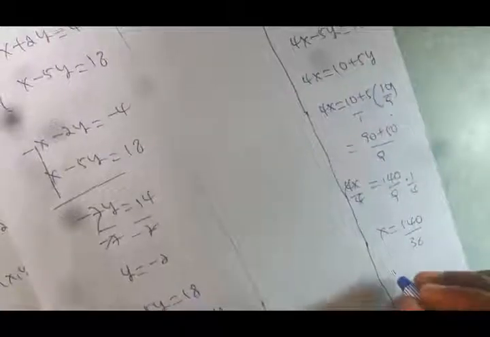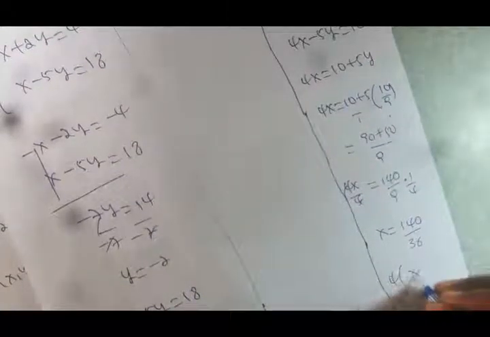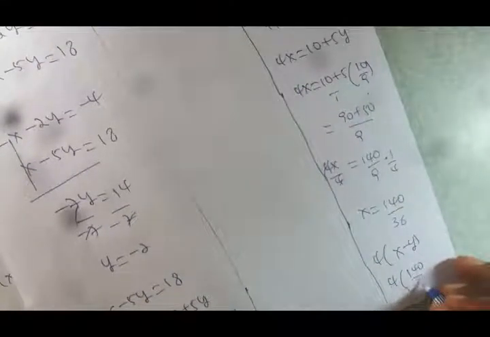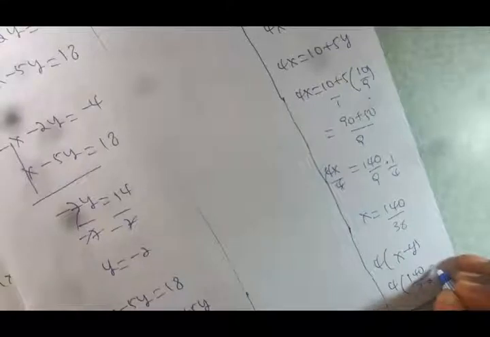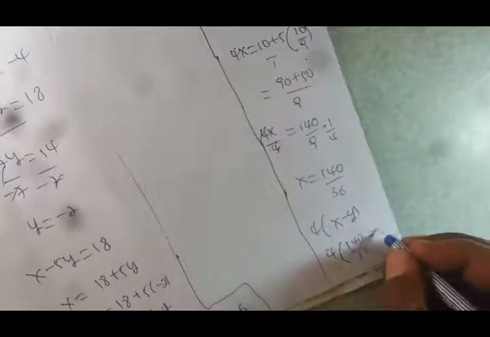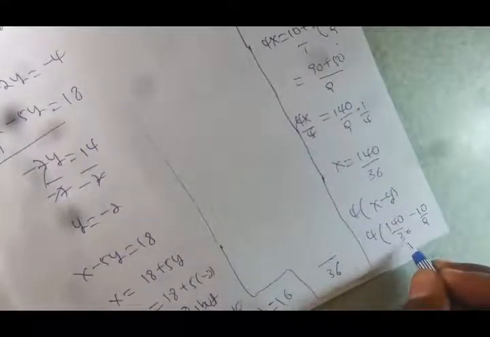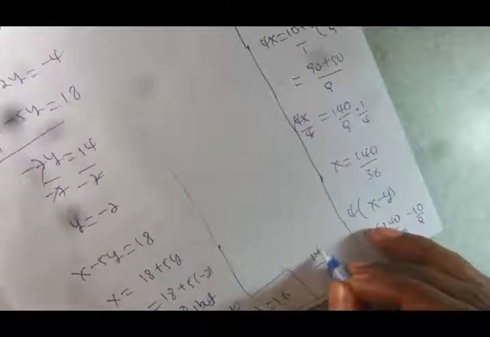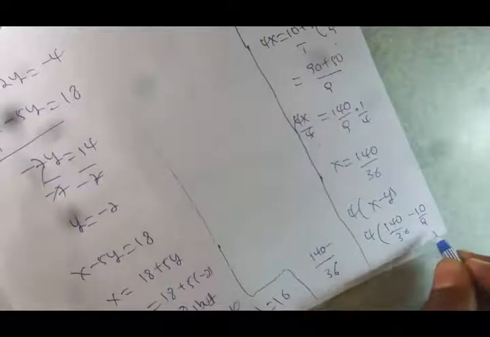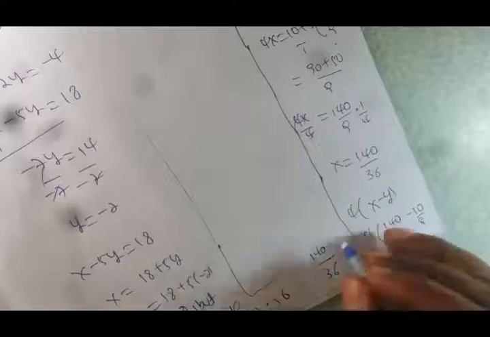And we are asked to find 4 times x minus y. Therefore, 4 times the value of x is 114 over 36 minus the value of y, which is already given, 10 over 9. So when we take 36 as a common, 36 divided by 36, 114 minus 36 divided by 9, 4 times 10.